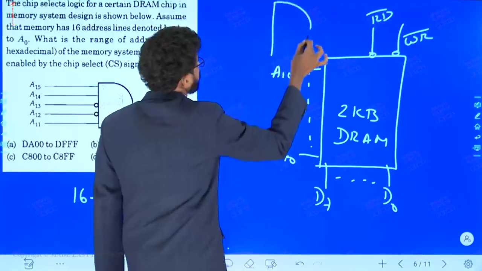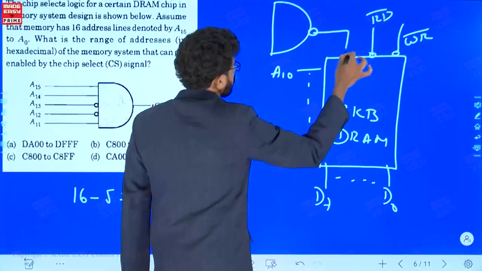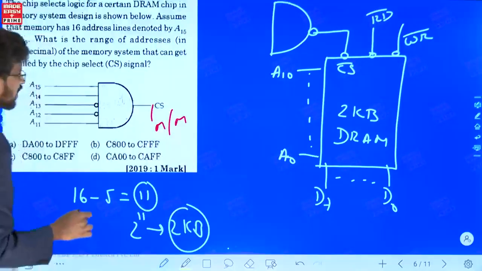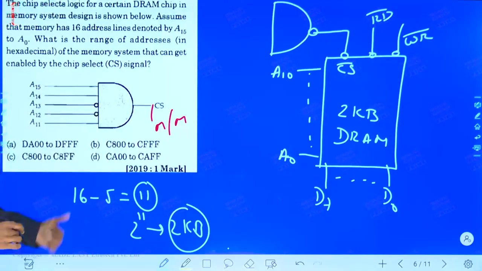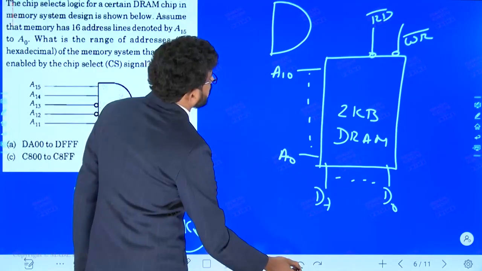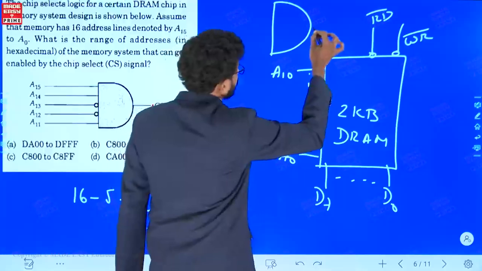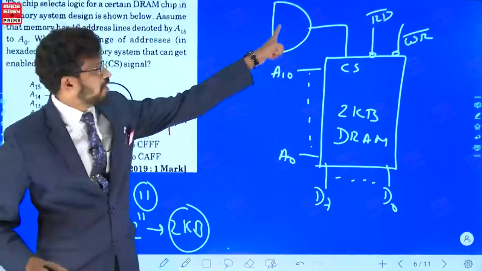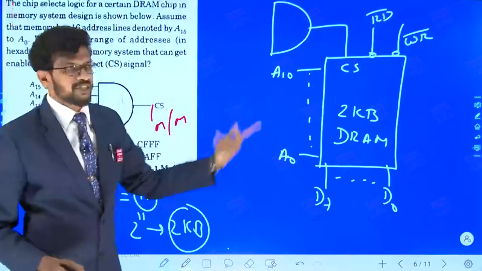So, this is the decoding logic given to you for the chip select. But here observe carefully, is it low active or high active? High active. So, we have to keep that in mind. It is not low active, it is high active, means chip select does not have a bar.